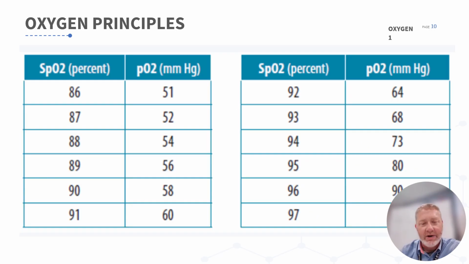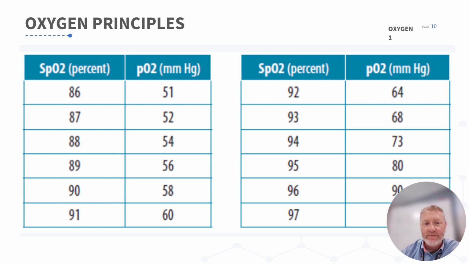One thing I harp on a lot is the relationship between the PaO2 and the SpO2, because if you have a general understanding of the relationship, then you'll be able to figure out what one is if you know the other without going and actually getting that value. So, for example, look down here at the bottom of the left table.